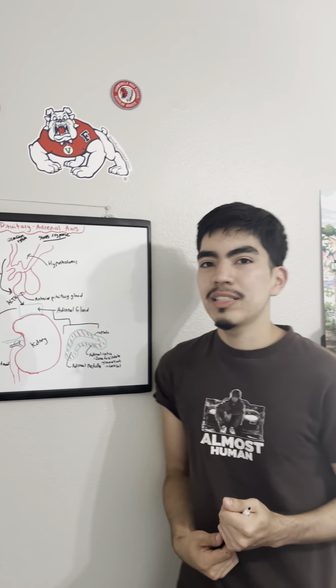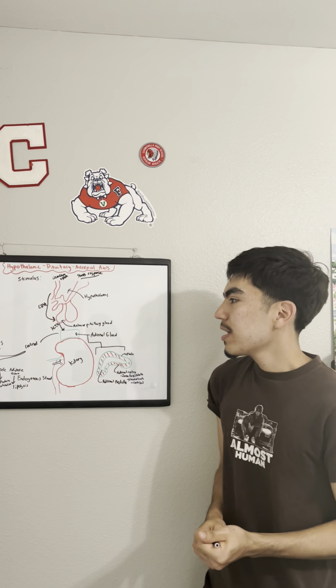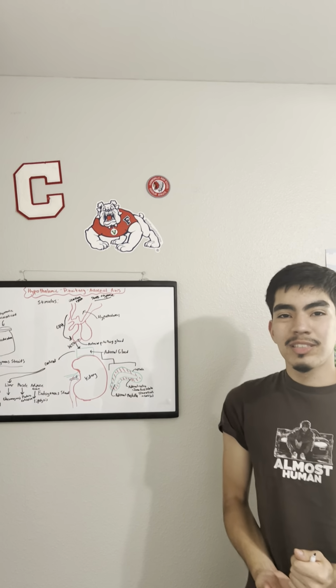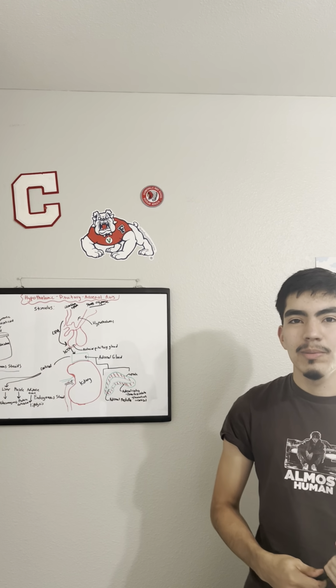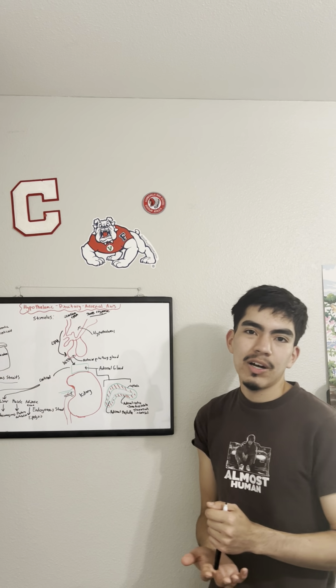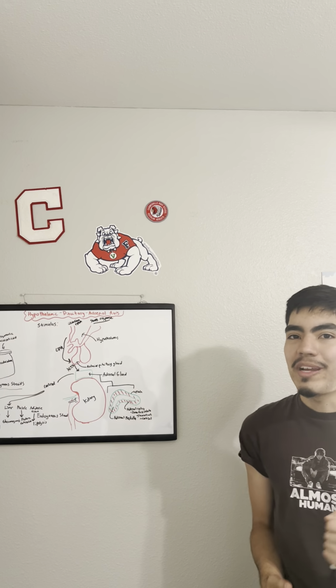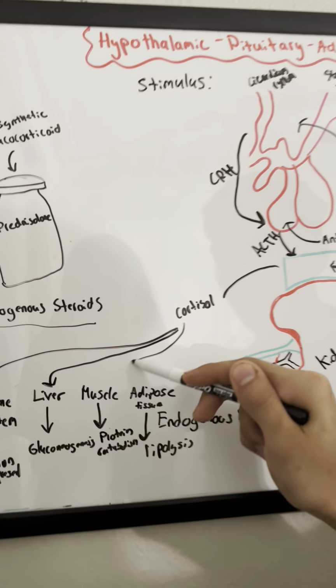So what that is, it creates new glucose from many types of substrates. So it could be from glycogen, or it can also be from protein, amino acids, which will play an important role in our diagnosis for our patient.